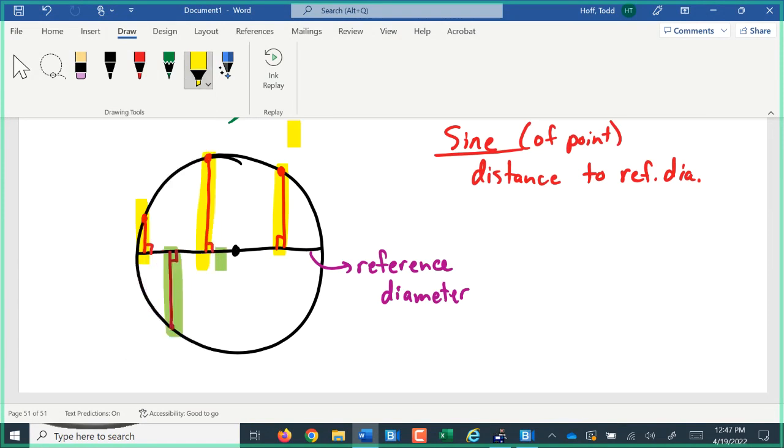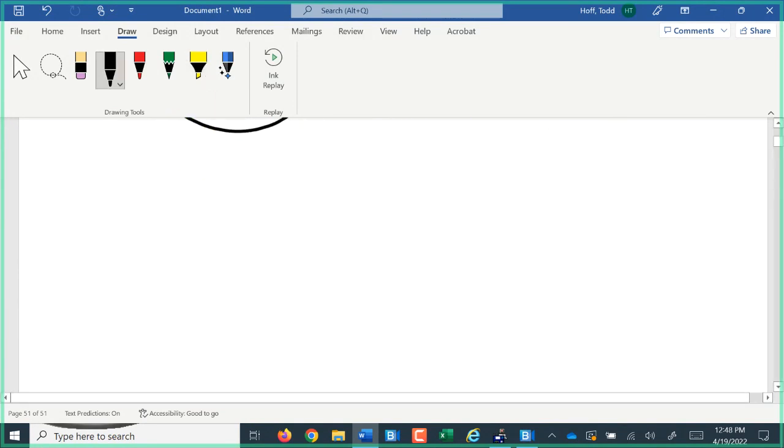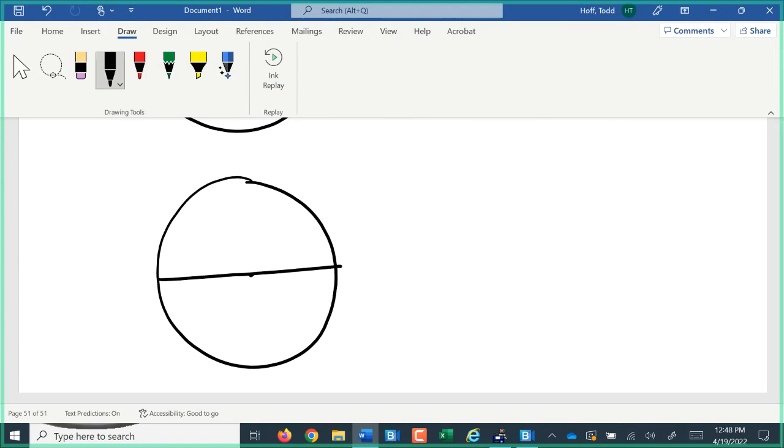Now, where else do we see the word sine? As I said, we're not going to do it in this class, but we see sine when we talk about trig. Most people think trig is about triangles. Trig gets applied to triangles, but it comes from circles.